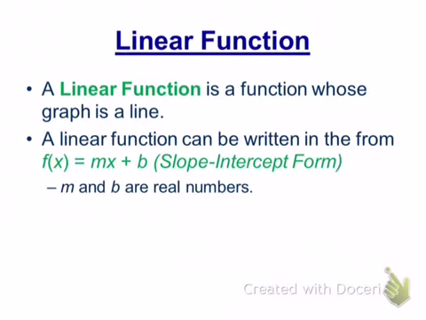A linear function is a function whose graph is a line, and every linear function can be written in the form f of x equals mx plus b. Now, if I'm using f of x, this is function notation, right? And what did the f of x replace? Y. So this is the same as y equals mx plus b. This is the good old slope-intercept form equation of a line.